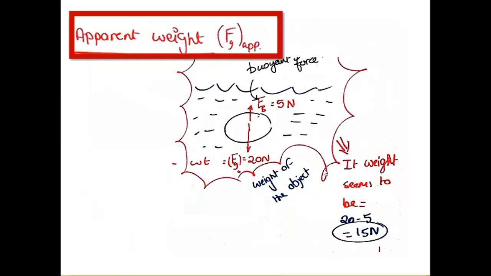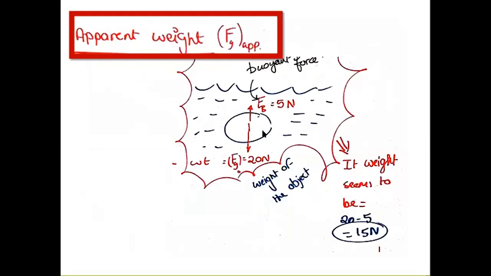Well, let's go back here to remember that. We said when the object is in fluid like this, it undergoes two forces. One is downward, which is its real weight, and the other is upward, which is the floating force, or buoyant force. So we have two opposite forces.